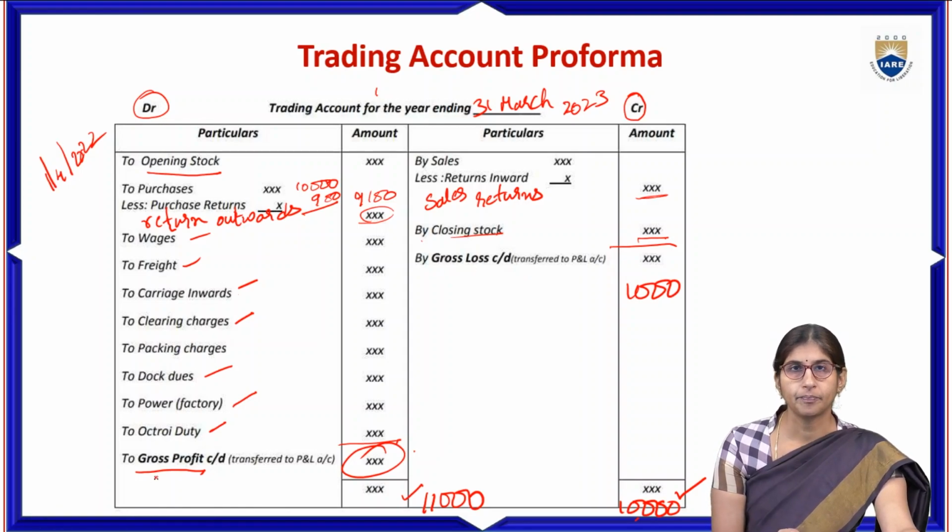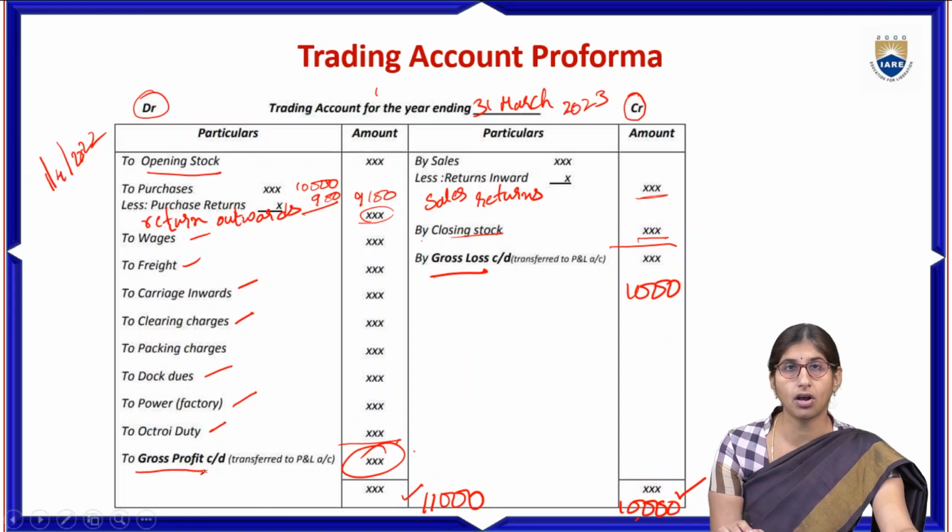If we get the balancing figure on the debit side, then we call it gross profit. If we get the balancing figure on the credit side, then it is gross loss. After ascertaining this gross profit or gross loss, it has to be transferred to the profit and loss account.